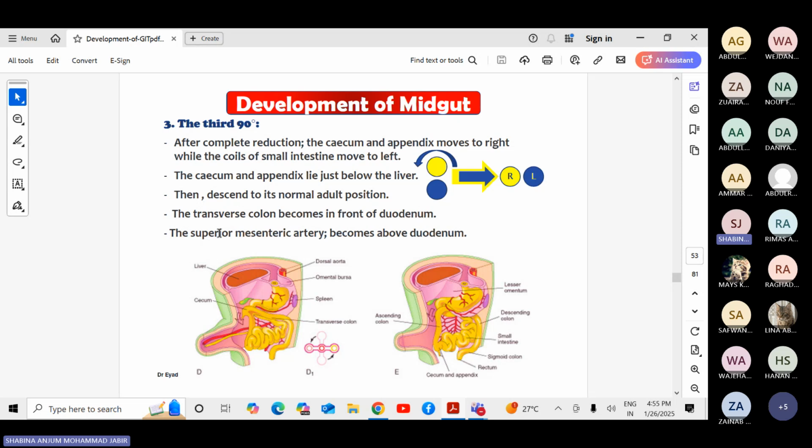The transverse colon, with this rotation, will come in front of the duodenum, and the superior mesenteric artery will be above the duodenum. This is our normal position. In practical, we will again try to see how this rotation happens.